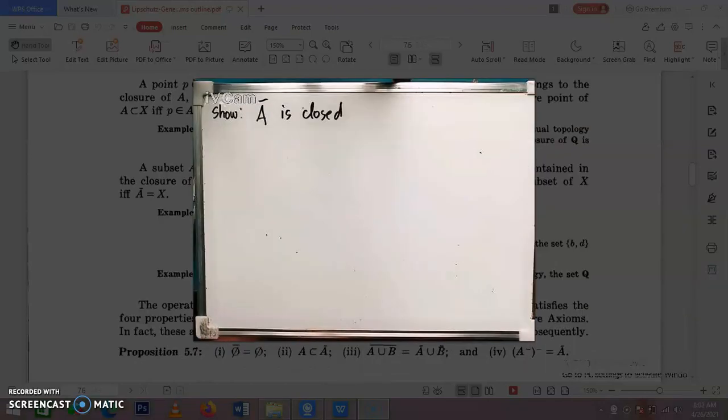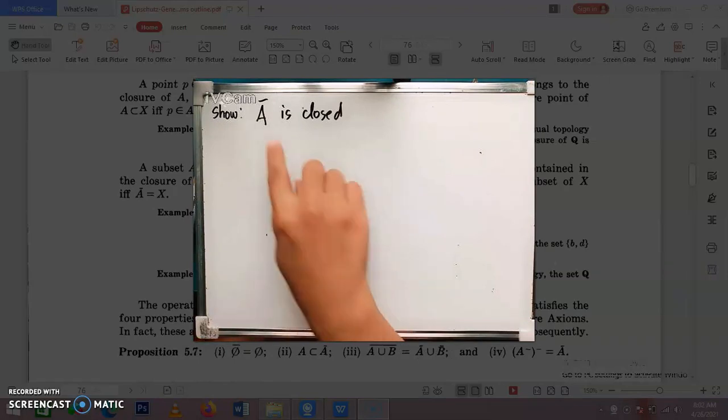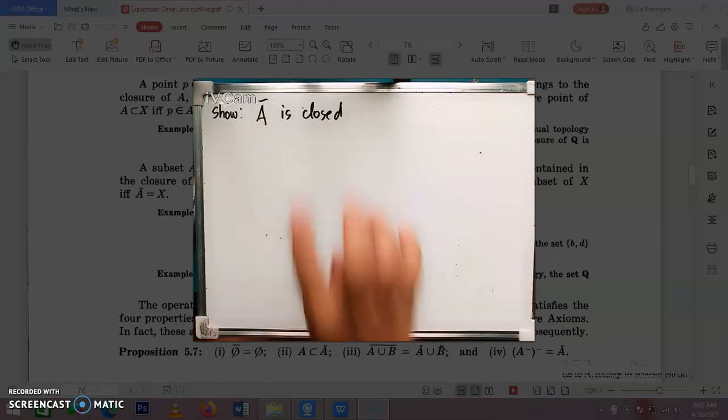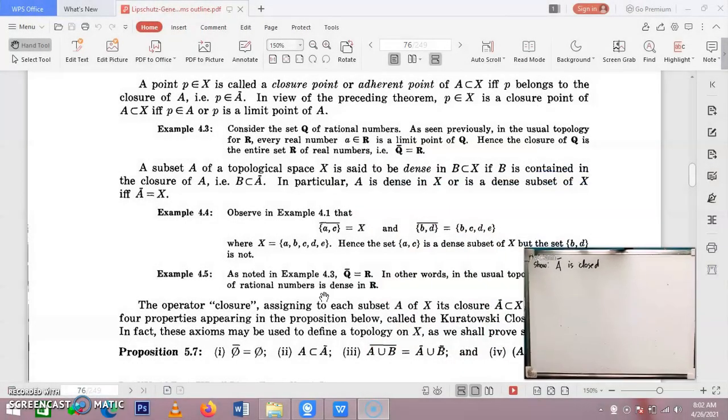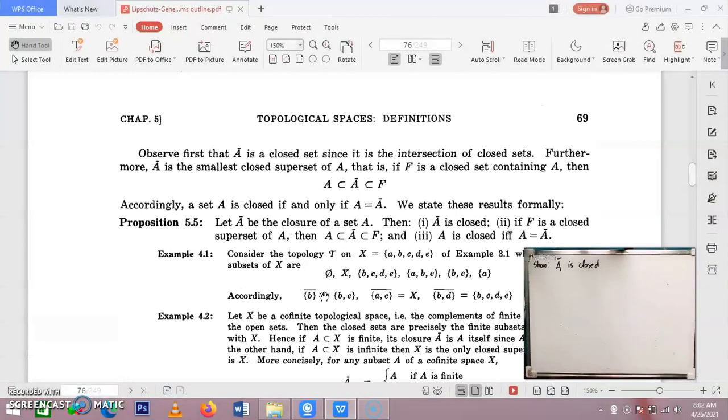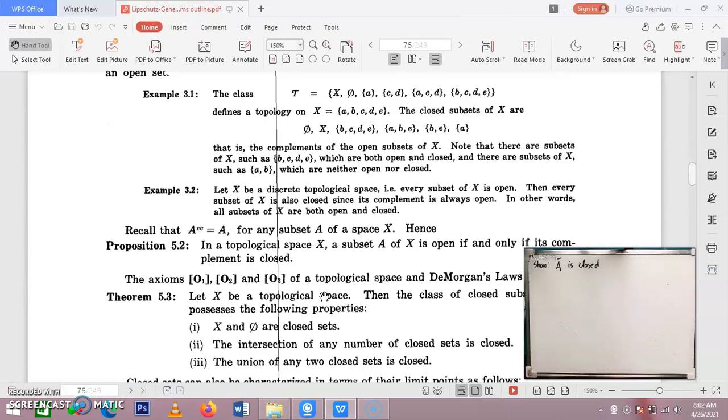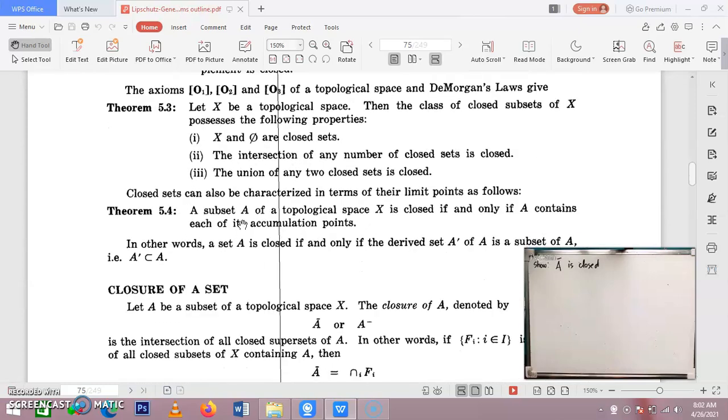Okay, now we will show that the closure of A is closed. Here, we will use Theorem 5.3, the third one. In this theorem, it states that the intersection of any number of closed sets is closed.